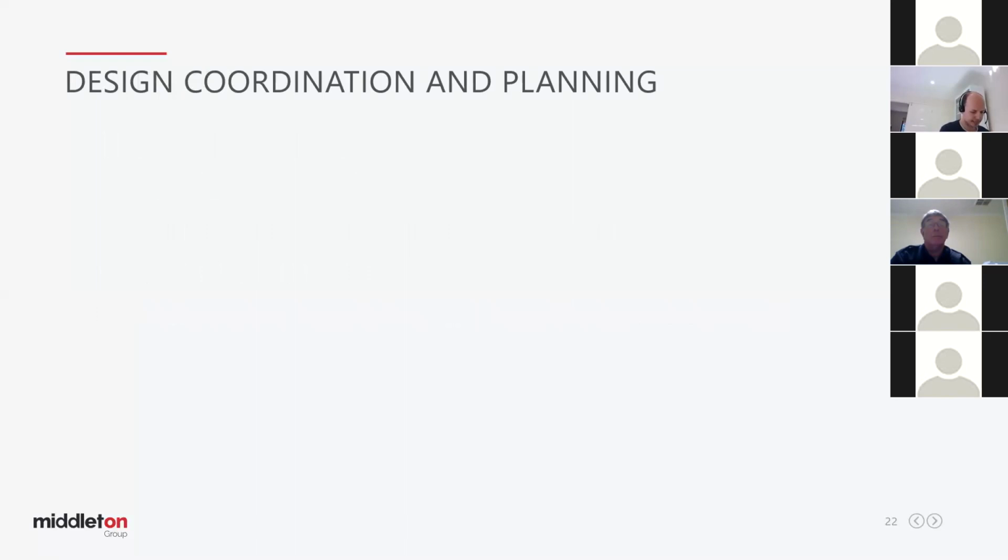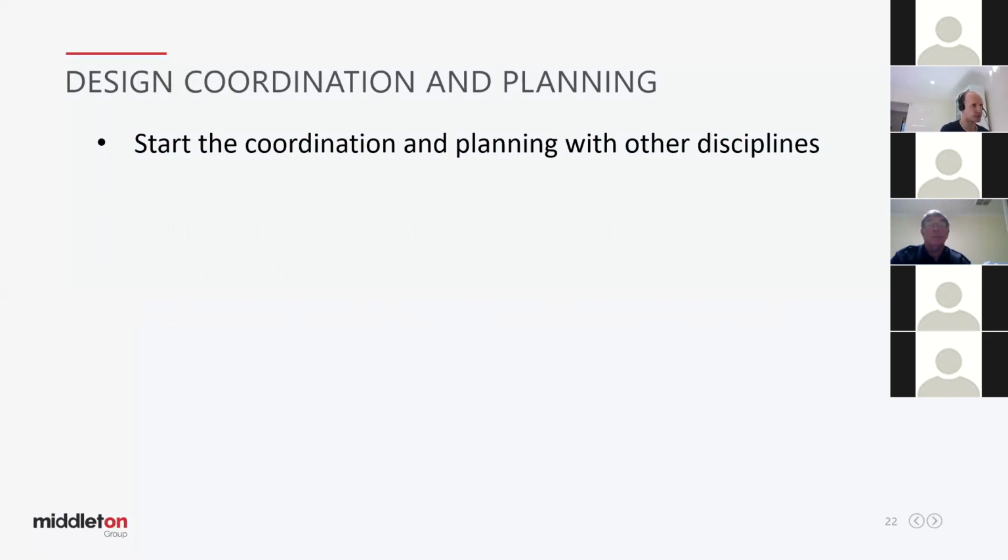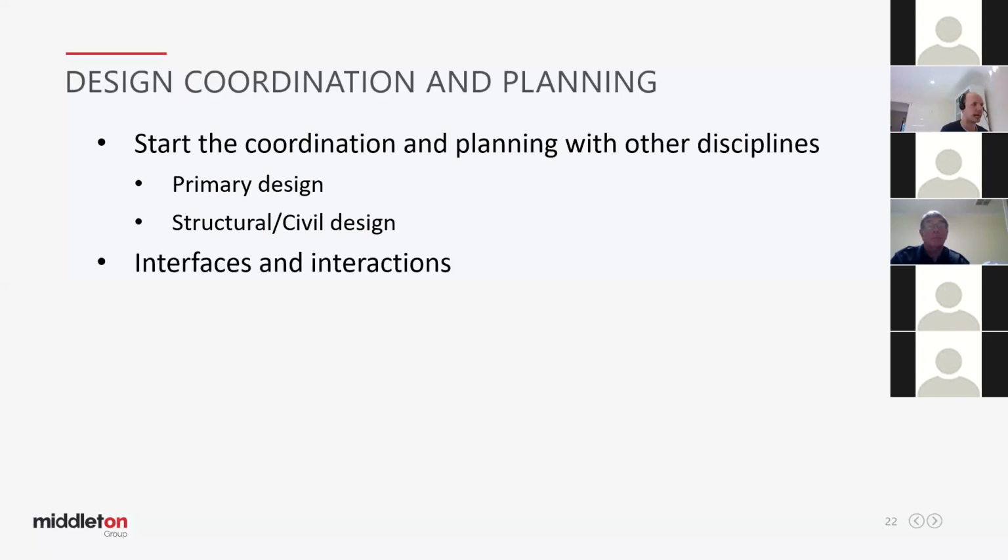And that planning, to actually recognize what comes from where, for example, the secondary interfaces with primary and structural civil, we actually need to understand how that coordination and planning works with the other disciplines. So with primary, structural civil design, are there any others? I'll be replacing parts of the building.